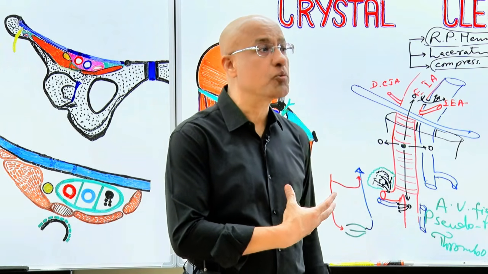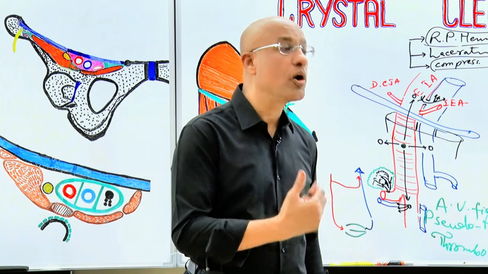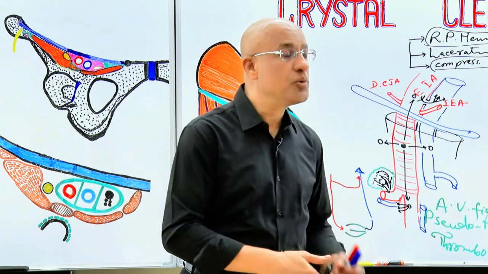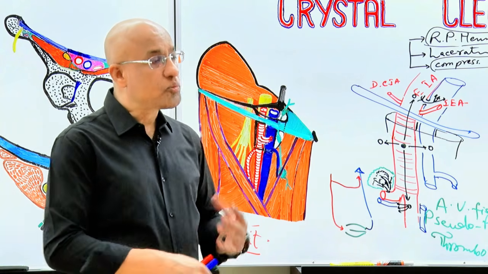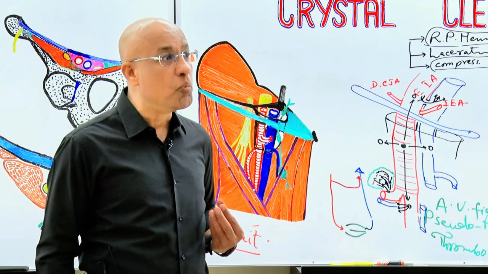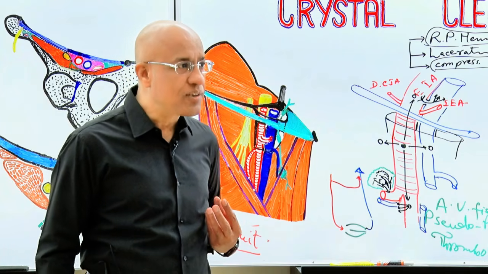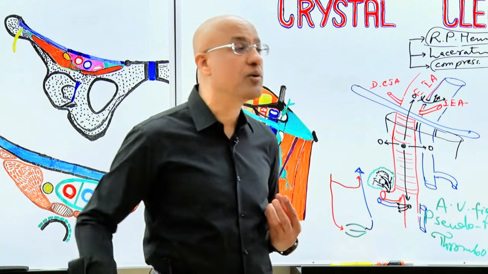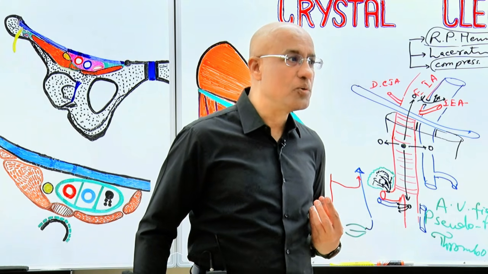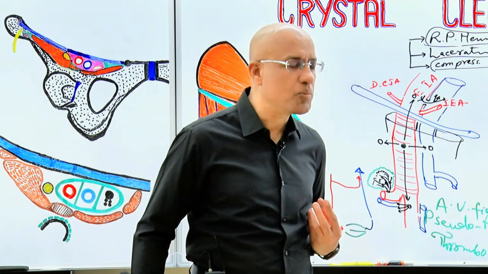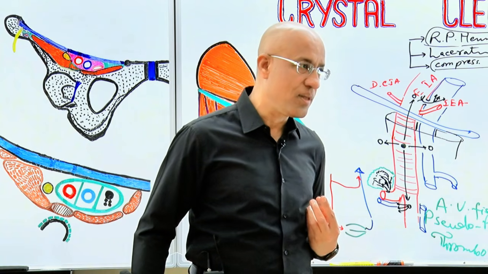So maybe cardiac output becomes 7 liters or 8 liters, and we say there is a high output going on. But despite the heart producing more than normal output, it still fails to meet the demand of the body. Then we say that the patient has gone into high output cardiac failure.